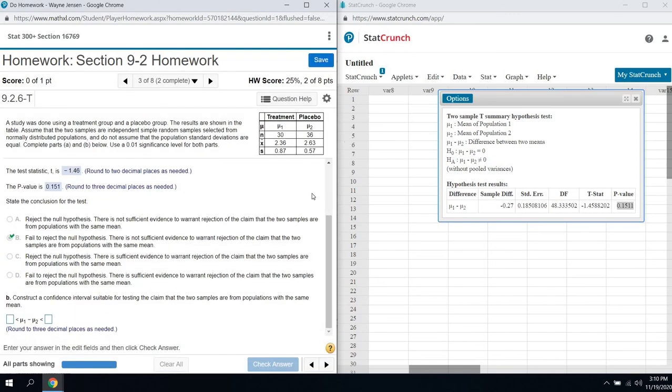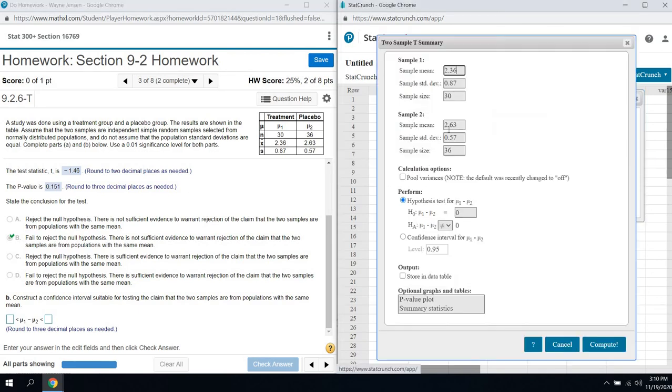Construct the confidence interval. So remember, this was a two-tailed test. So construct the confidence interval suitable for the claim. The claim was a two-tailed claim. That means that the 0.01 does not have to be adjusted because confidence intervals are two-tailed. The test was two-tailed, we match. So all we have to do is edit, come back and choose confidence interval, and it's going to be a 99% confidence interval.